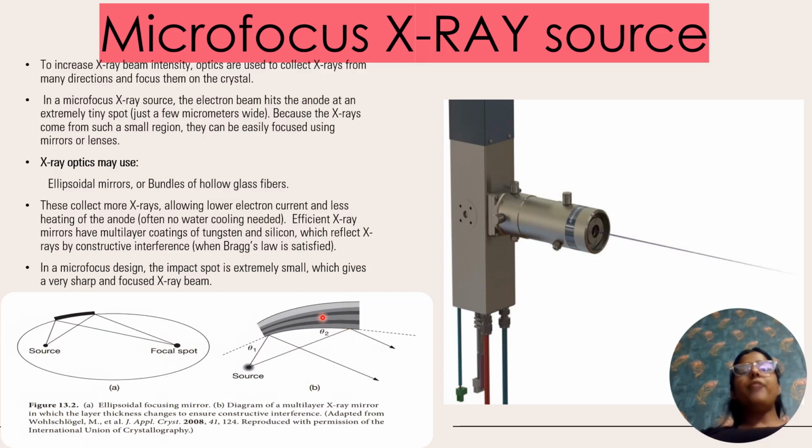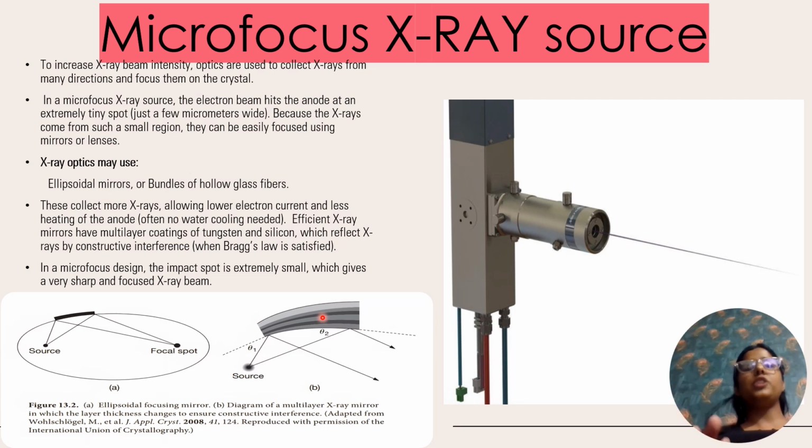Thus a larger fraction of X-rays emitted by the anode is now collected and used, and the electron current can be reduced without sacrificing the beam strength. Why? Because lower current means fewer electrons hitting the target, less kinetic energy, and then less heat is generated. Some designs have become so efficient that even no cooling is required.